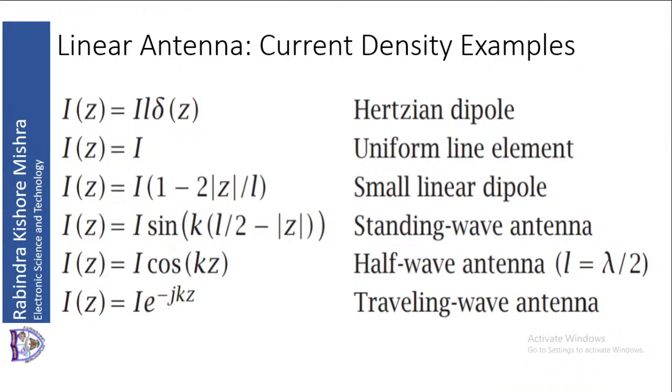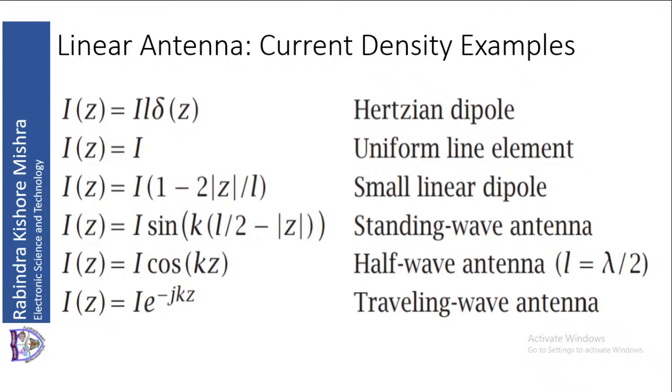Then the most common one for linear antennas is called the standing wave antenna. For the standing wave antenna, Iz is equal to I sin k times L by 2 minus absolute Z. Now suppose in this case also Z is equal to minus L by 2. If Z is equal to minus L by 2, absolute Z is equal to L by 2. So L by 2 minus L by 2 is 0, sin 0 is equal to 0. Then Z equal to plus L by 2 again will give you sin 0 equal to 0.